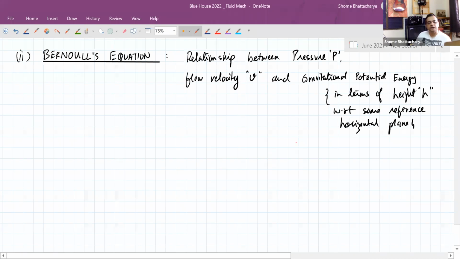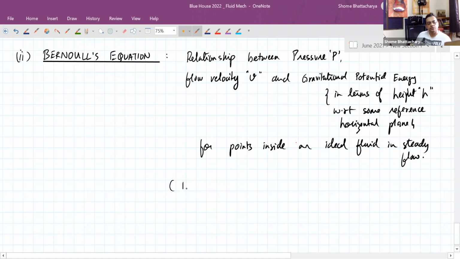So it relates these three parameters P, V, and H, where H is the height from some reference level, for points inside an ideal fluid in steady flow. And it achieves this relationship by an application of the work energy theorem. We'll understand the derivation of it in just a moment.